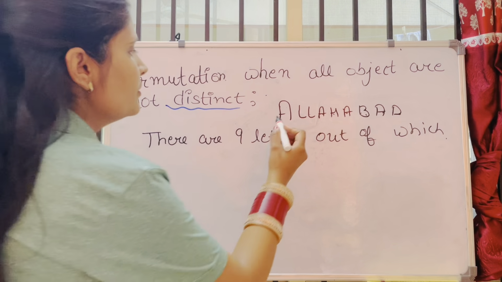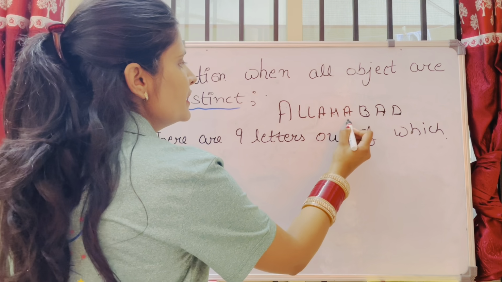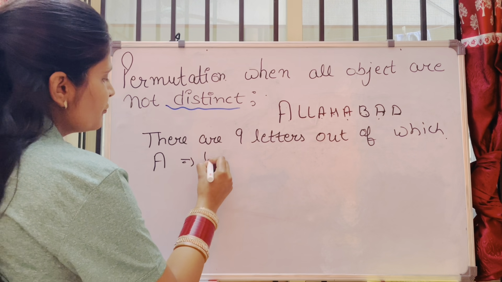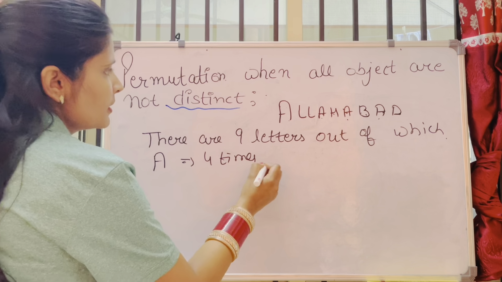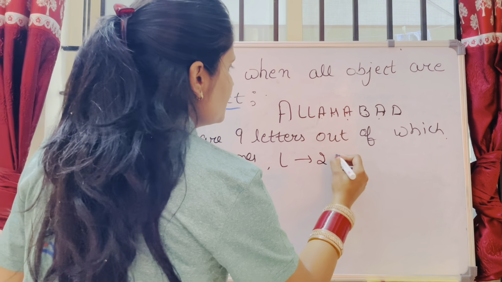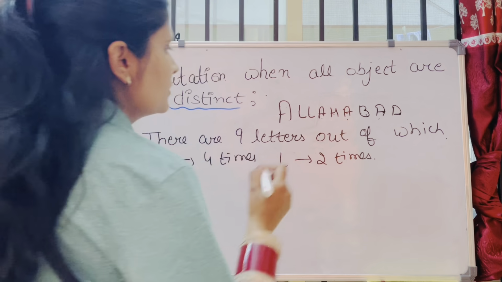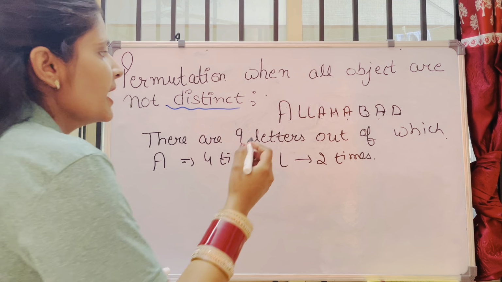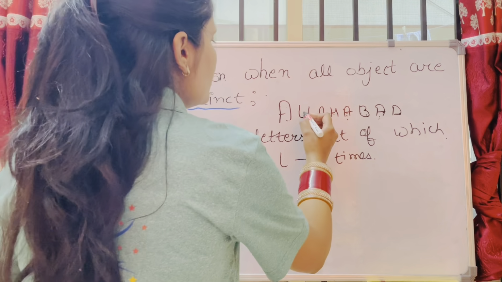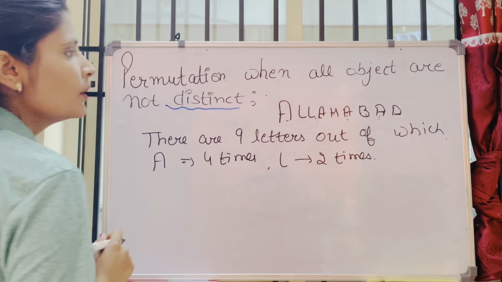A comes 1, 2, 3, 4, so A comes 4 times. Similarly, L comes 2 times. So A 1, 2, 3, 4, and L 1, 2, 2 times.